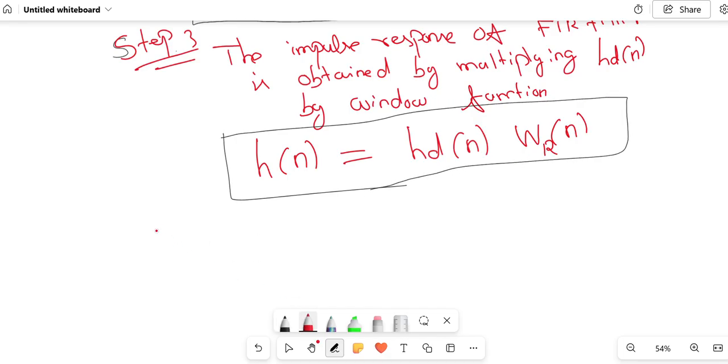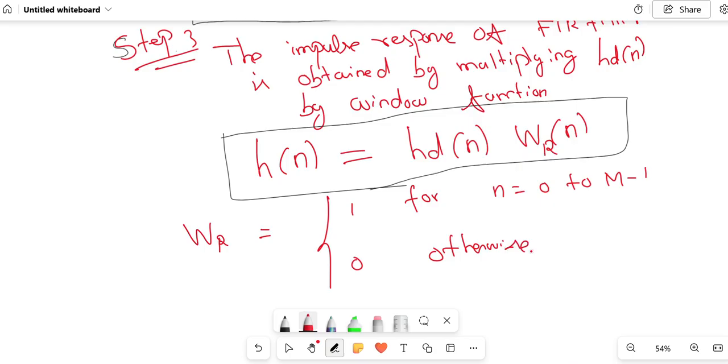Next, what is the window function? You write here the window function. The rectangular window function WR can be written as 1 for n equal to 0 to M minus 1, and 0 otherwise.